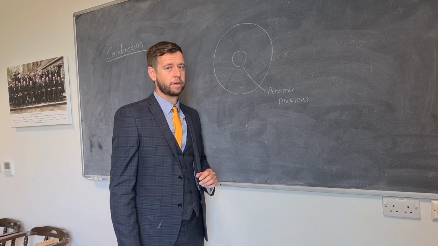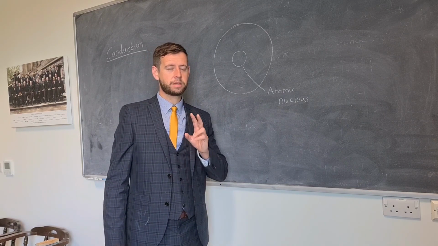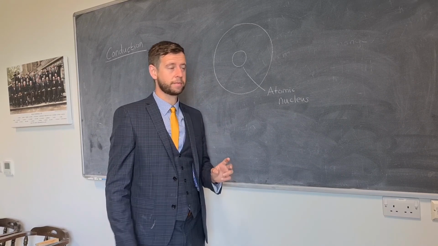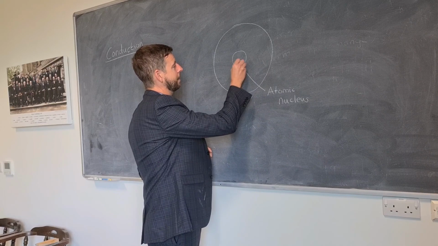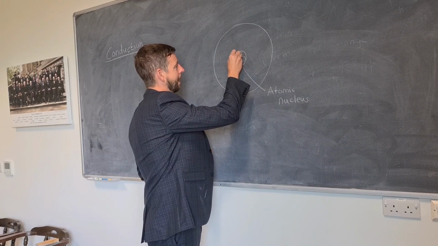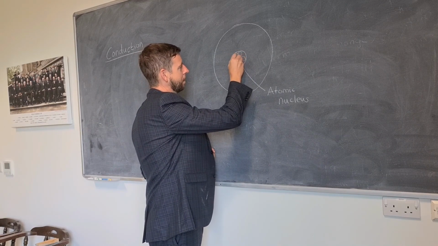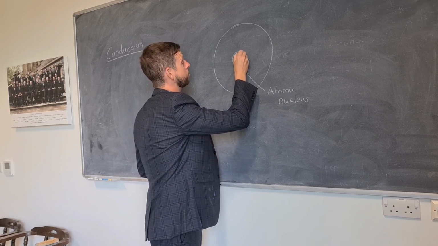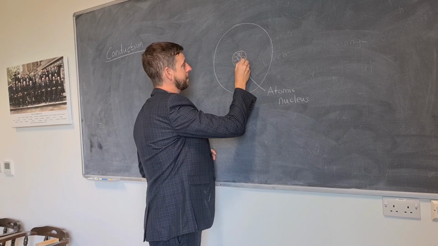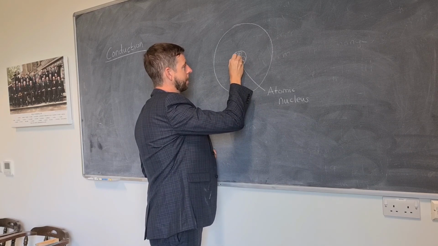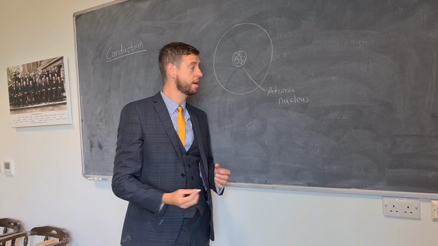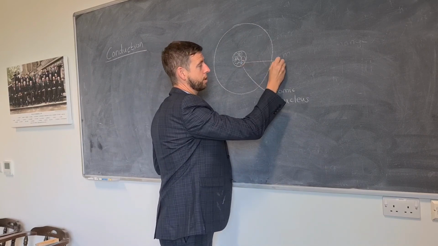Now, we know that the nucleus is the residing place of two subatomic particles. Now, I'm going to draw a few in here, and they are all very close together. Some of them I'm going to draw with a positive symbol on them. These are positive charges, and we give them the special name protons.